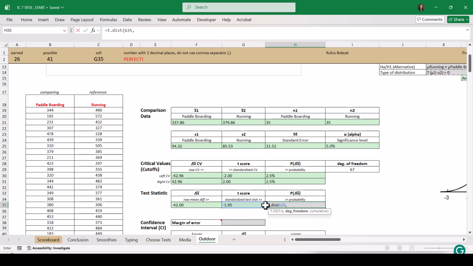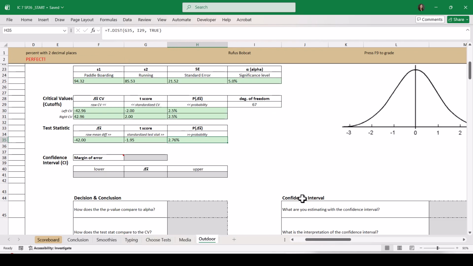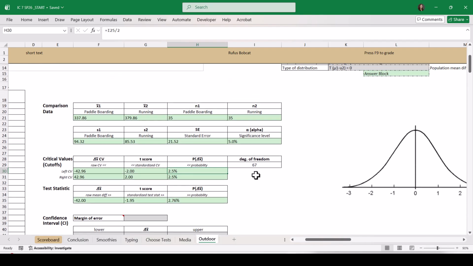We have our test statistic, then our degrees of freedom, and then true. I got 2.76. All right, so for the p-value approach, our p-value is larger than alpha. So 2.76 is bigger than alpha, which means we are going to fail to reject.